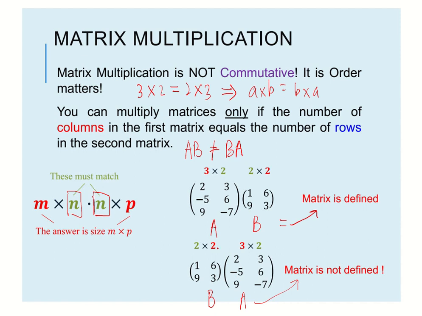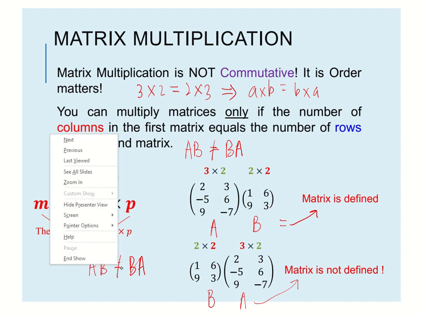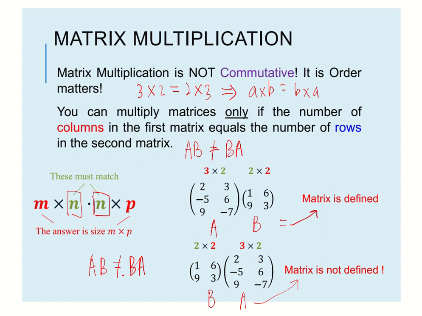So from here, we know that AB is not equal to BA, because AB is defined and BA is not defined. And matrix multiplications are not commutative.